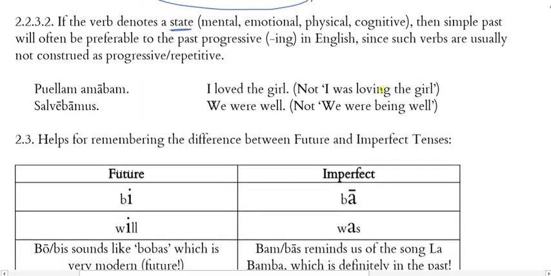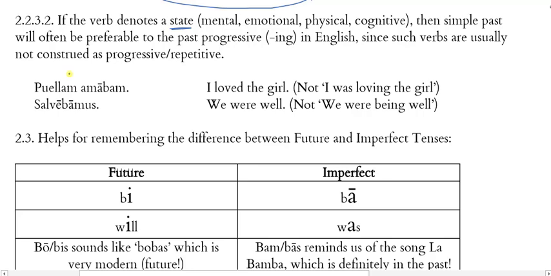Consider the first example here. I have puellam. Here that M ending is my accusative, so it's the direct object. And amabam is the first singular, I, in the imperfect. So I loved the girl. Puellam amabam. I loved the girl. That's a good way to translate it. But you may take the imperfect here with ba and think, I need to translate it with that progressive sense.